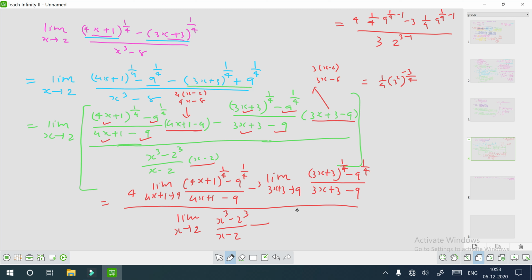Yes or no? That is taken common. Into 4 minus 3. Into the denominator quantity 3 into 4. Clear?